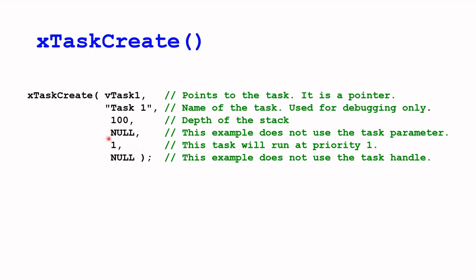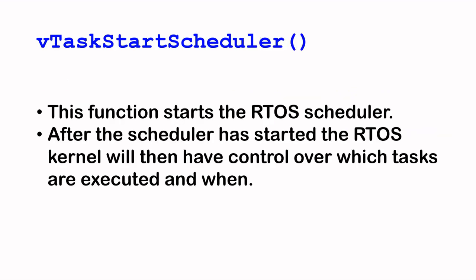Then the next one is the priority of the task, and in this example I have assigned priority 1, hence the 1. And then the final parameter is the task handle. Because we're not using the task handle, we give it a NULL, right? So this is the xTaskCreate function.